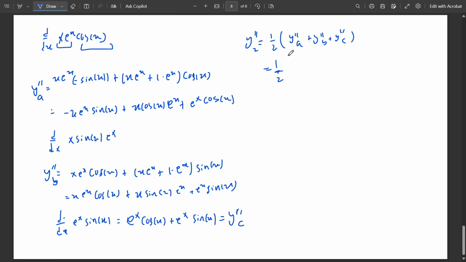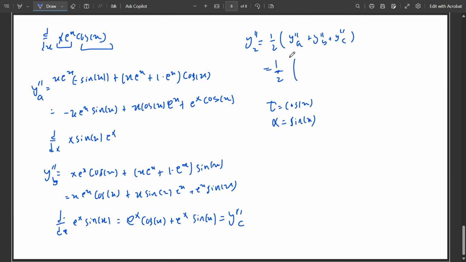Half times y double prime a is negative x e to the x sine of x plus x cosine of x. To make it a lot faster to write, I'm just going to say tau is equal to cosine of x and alpha is equal to sine of x.